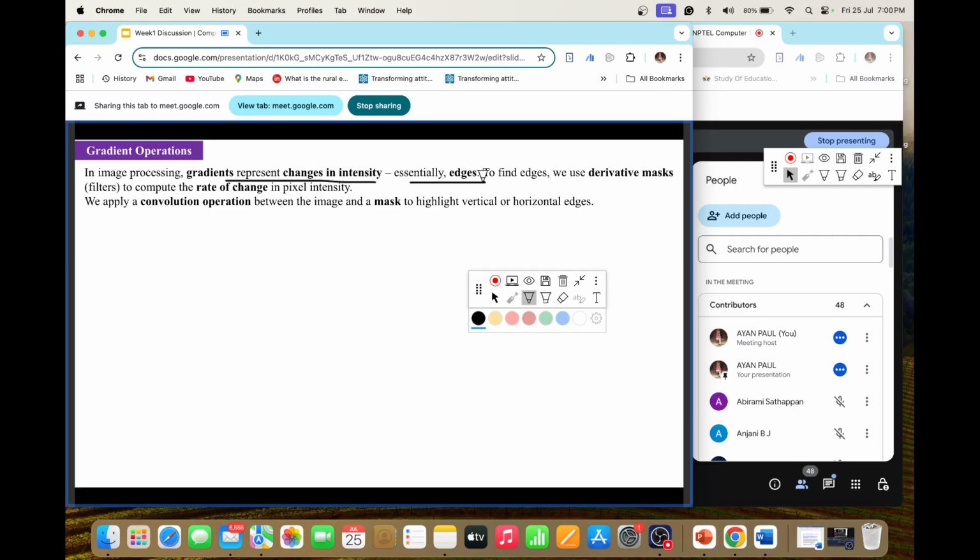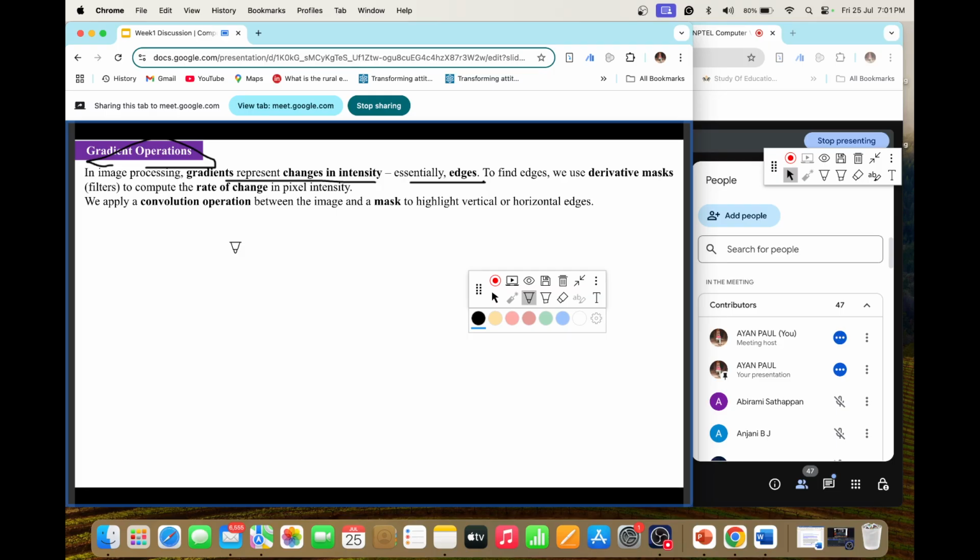For example, the pixel value at x minus 1, y is 200, and the pixel value at x, y is 80. So there is a huge change in intensity. For that the gradient operation is very important, as it essentially finds the edges. To find the edges, we use derivative mask filters to compute the rate of change in pixel intensity.